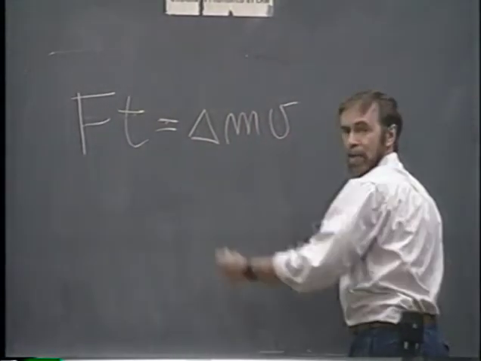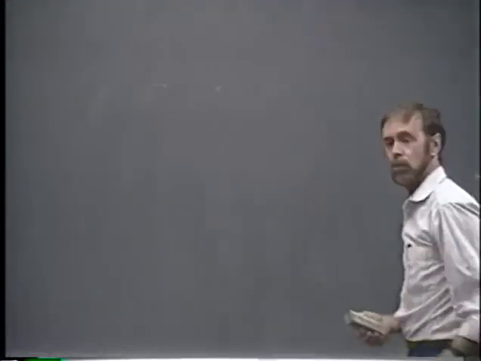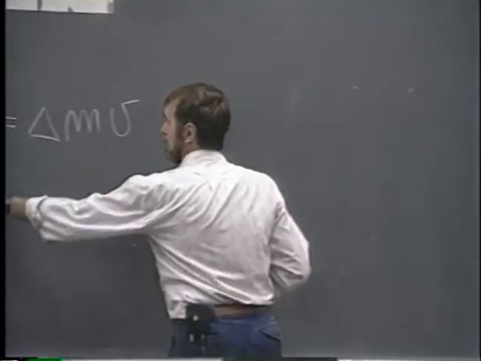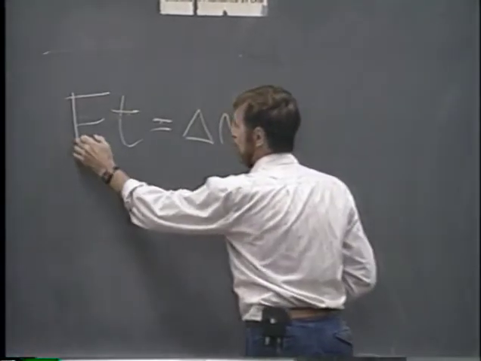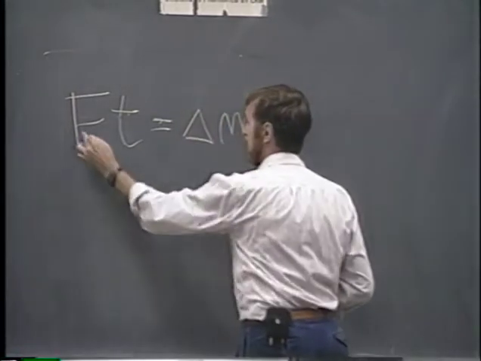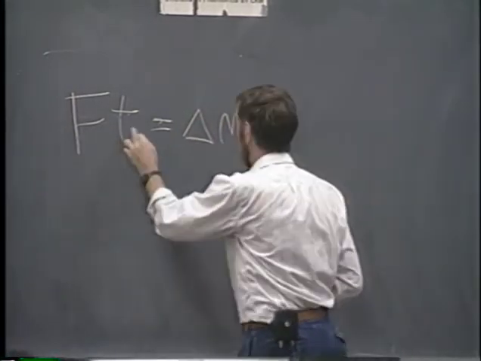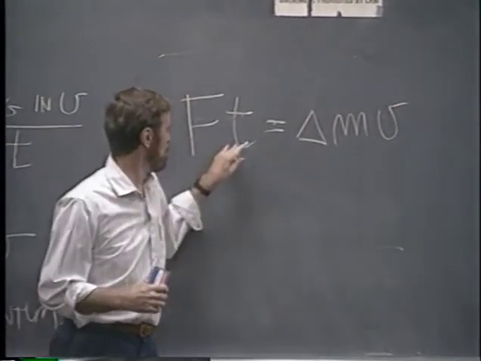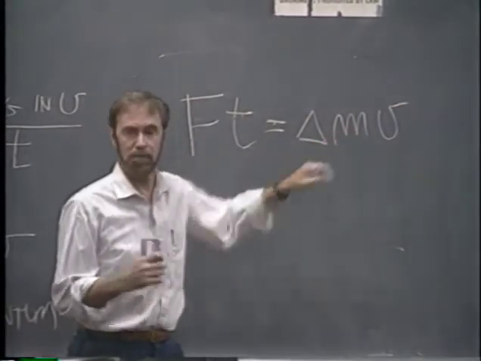Now let's look at this equation with respect to boxers and one hitting the other. Let's suppose this is the force of the punch. Boom, it's coming in. This is the time of impact of the punch. What's this change in momentum? What's that m? If this is the force of the punch, this is the mass coming in.